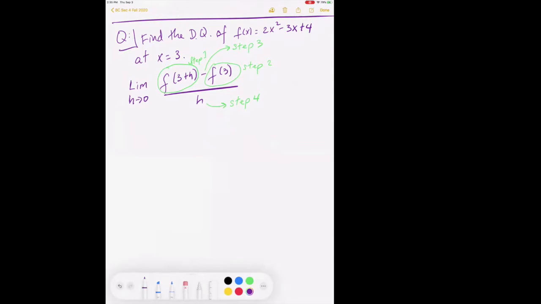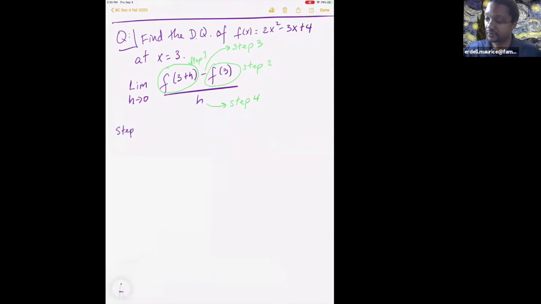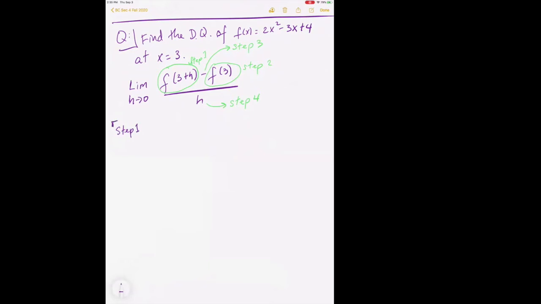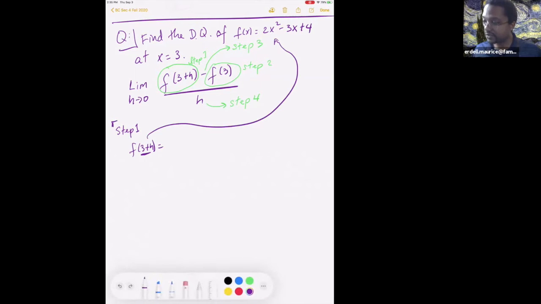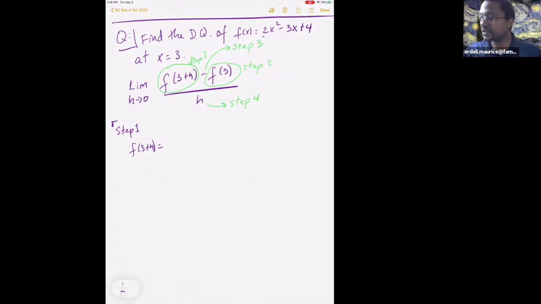So, step number 1. I have to find f of 3 plus h. Well, this is f of x right here. F of 3 plus h means they want me to plug 3 plus h into this function. So if I look at the function carefully, I see the function starts out as 2x squared.